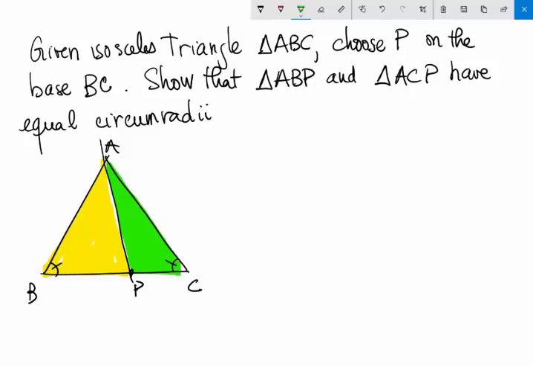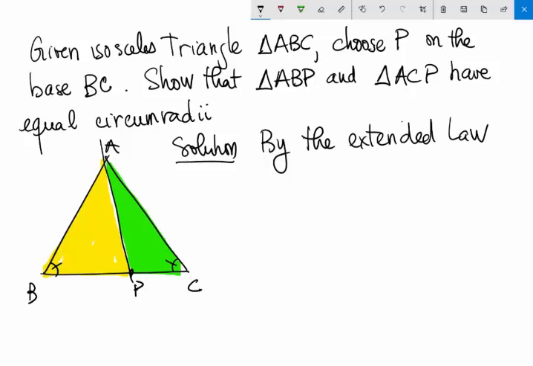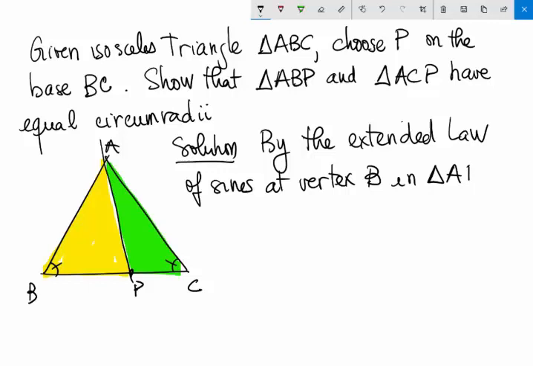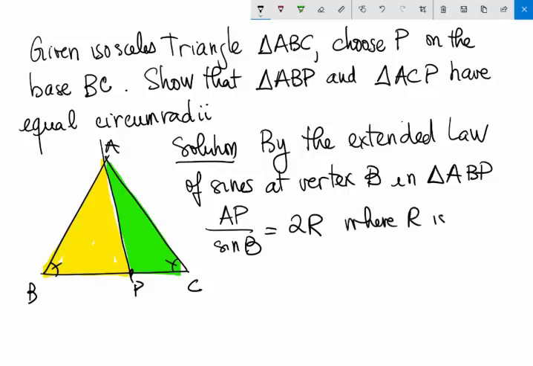Now the solution, by the extended law of sines at vertex B in triangle ABP, we know that AP over sine of angle B must be 2R, whatever R is, where R is the circumradius of triangle ABP.